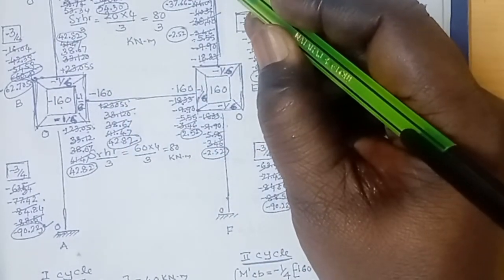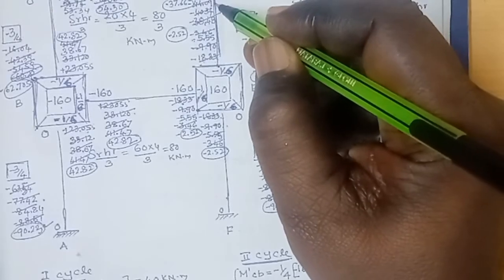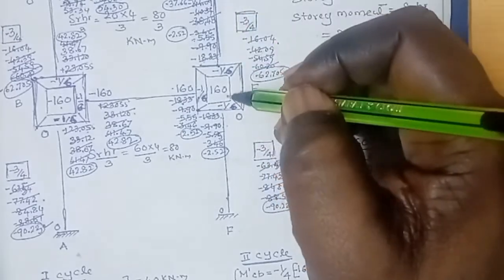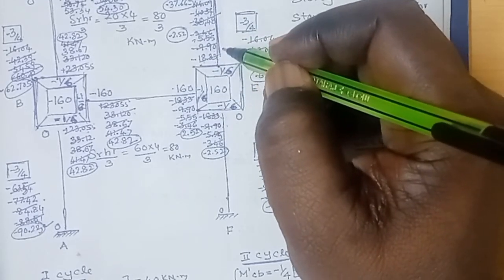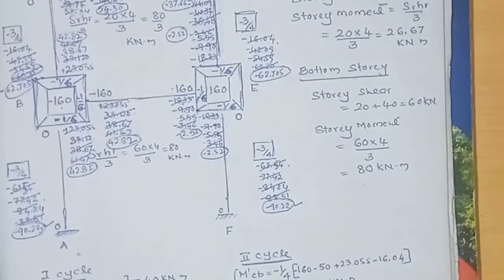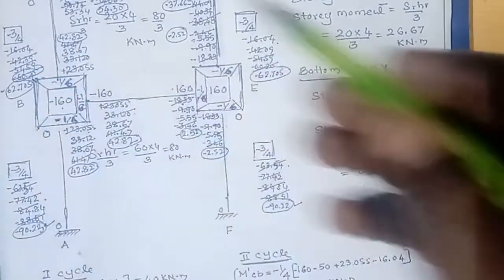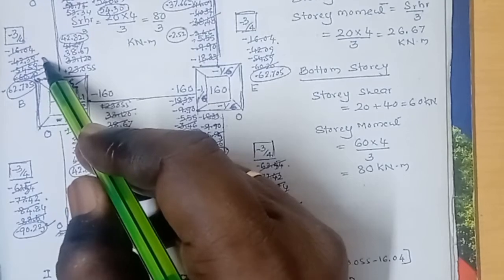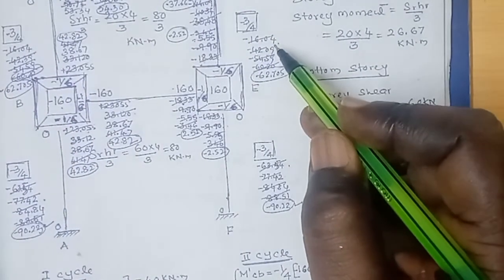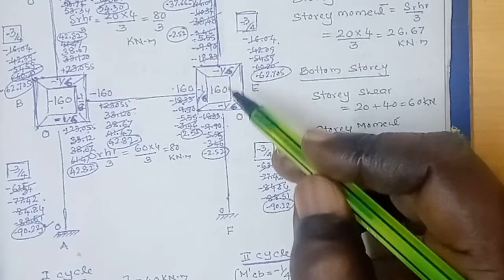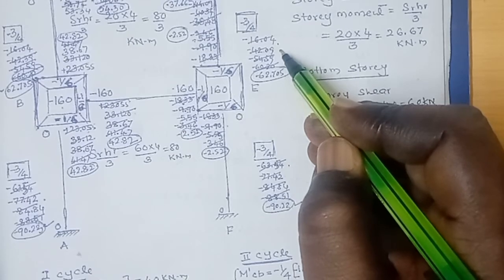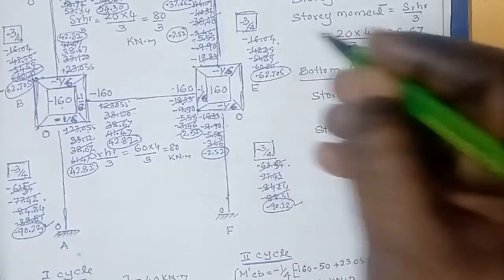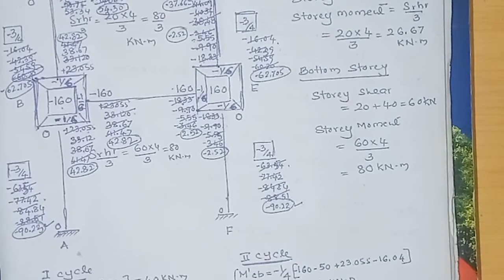Similarly minus 44.09 from d to e, e to d, that is minus 9.90, then that equals minus 42.395. Here I have written minus 42.39. Then for the other column, that is d to e, that is also minus 42.395. This one we have to write by cancelling the first cycle value.